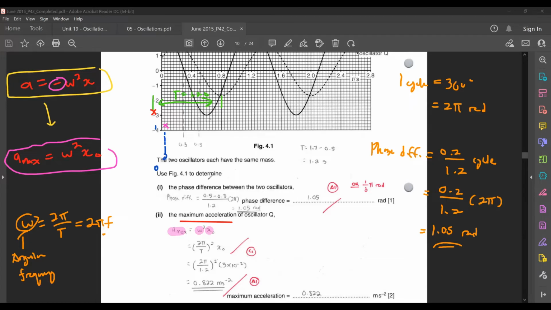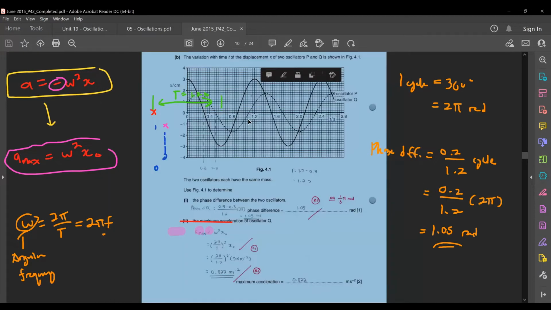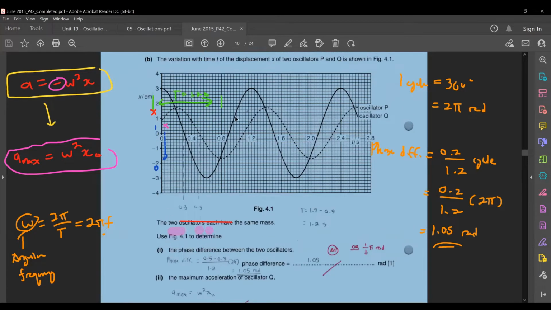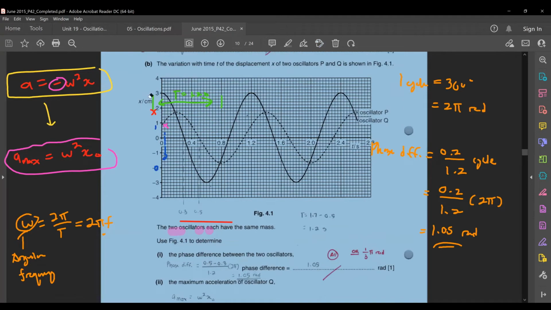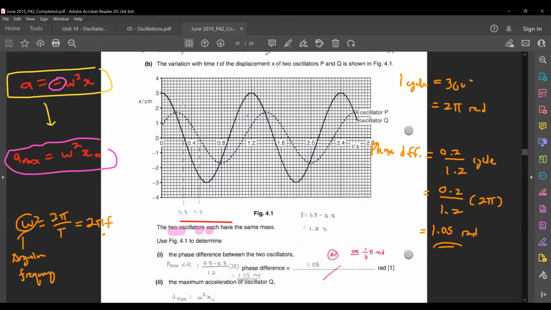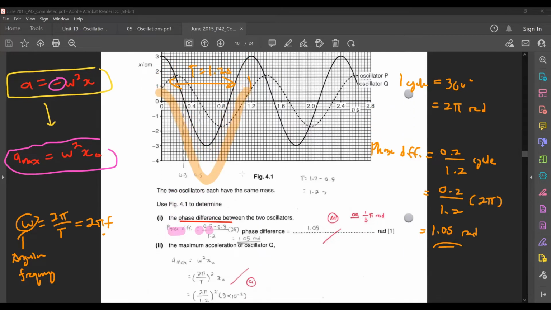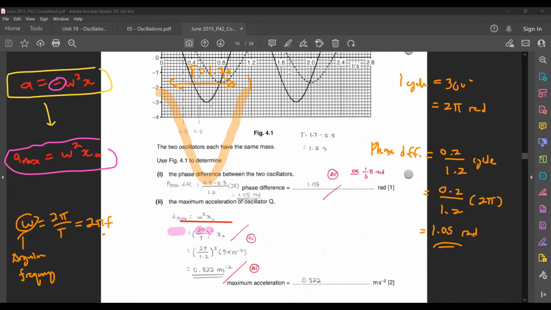You actually found it just now when you were doing the phase difference question. You've already found out that T is 1.2. If you draw a line from here all the way to here, T is going to be 1.2 seconds.